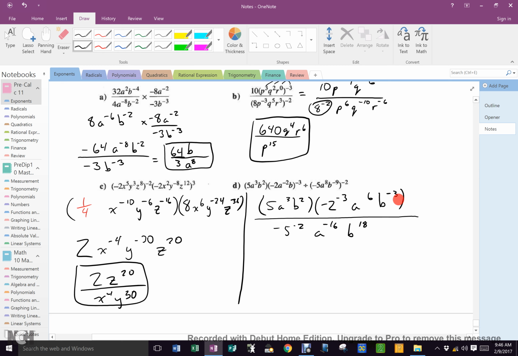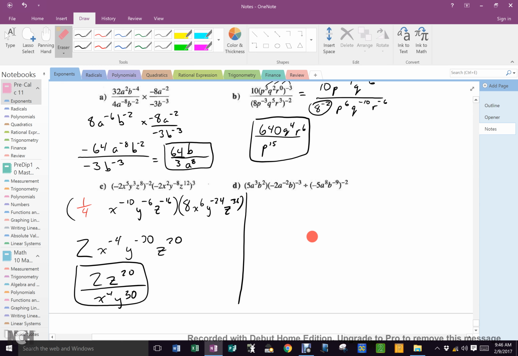Now let's tidy this up. This is a bear. This becomes negative 1. Oh, I don't want to do that way. I want to tidy up just the front.